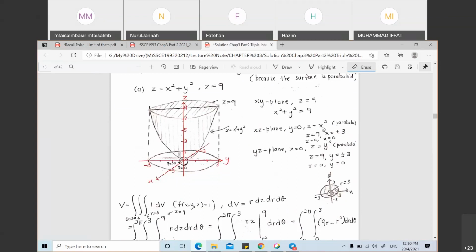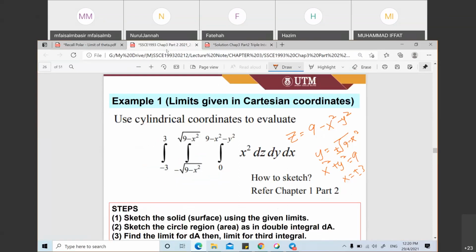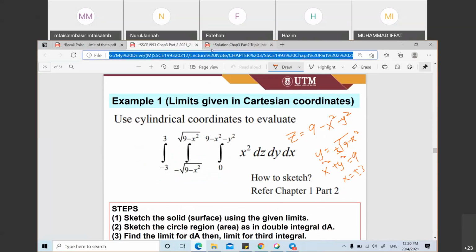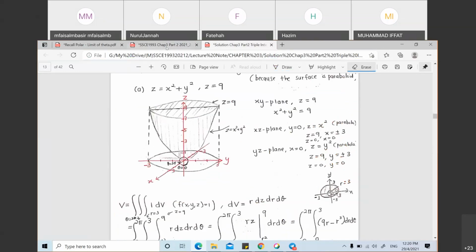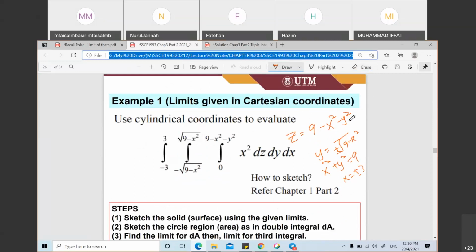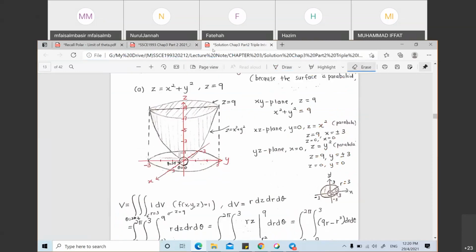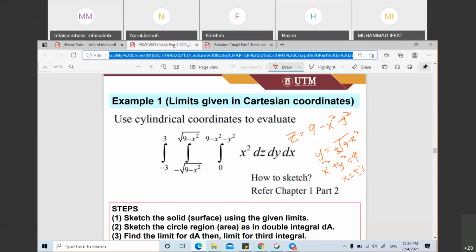When y is 0, they use the traces. y is 0, z equals 9 minus x squared. Can you see it?